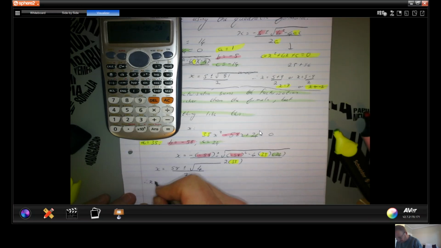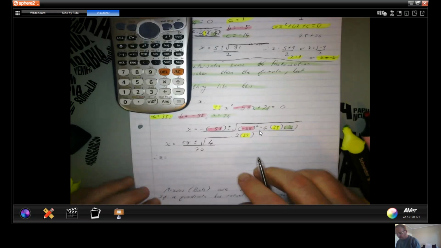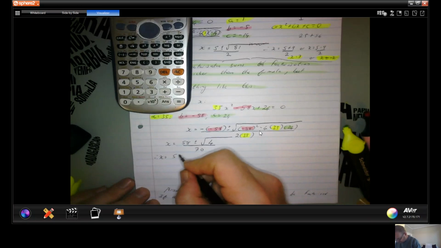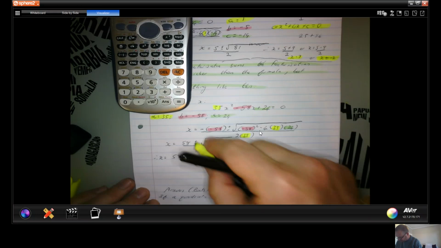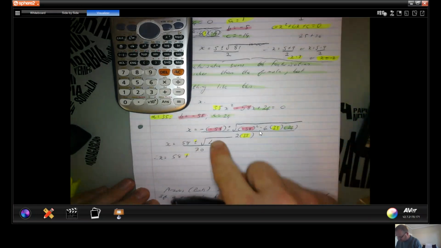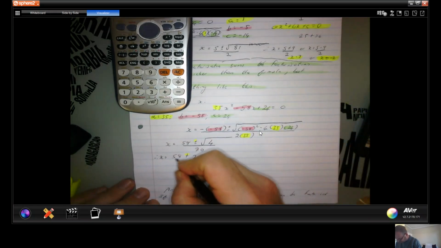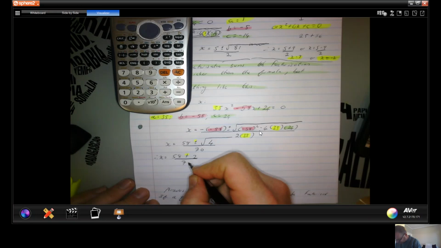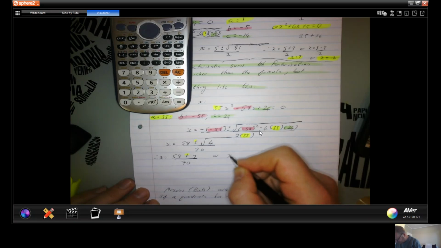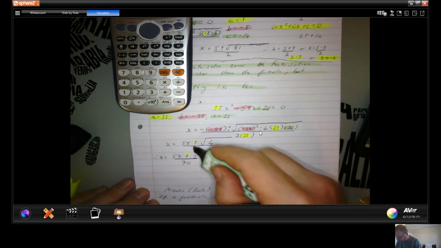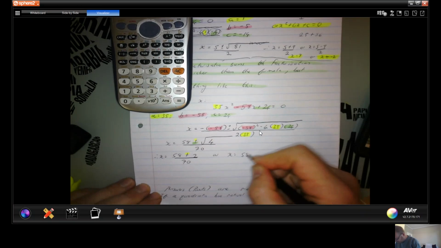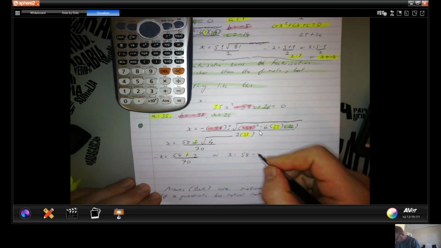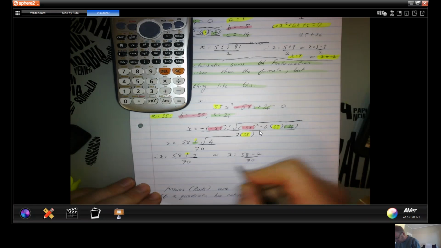So you get x is equal to 58 plus, because we know the plus option and the minus option. If I go with the plus, the square root of 4 is 2, over 70. Or x is going to be, if I go with the minus option, 58 minus 2 over 70.